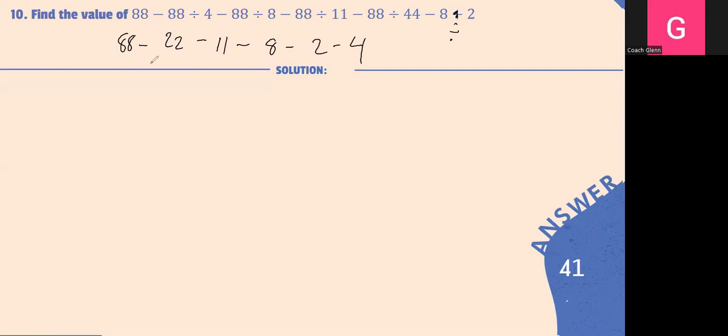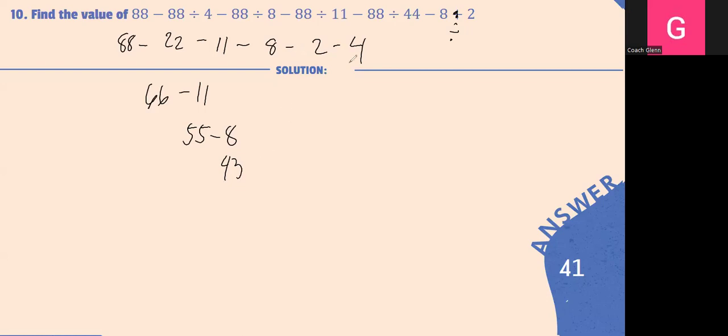Okay. So 88 minus 22. So that's equal to 66. Next, we have 66 minus 11. So that's equal to 55. 55 minus 8, that's equal to 43.